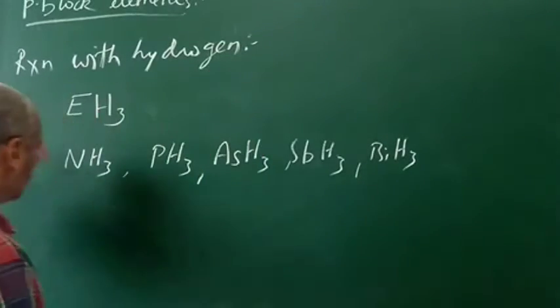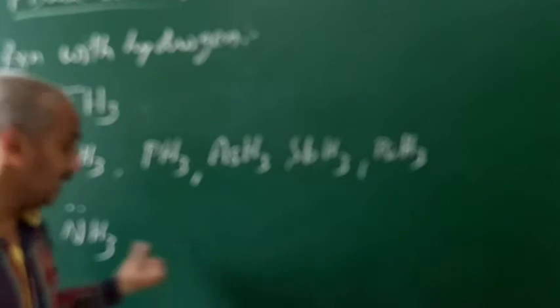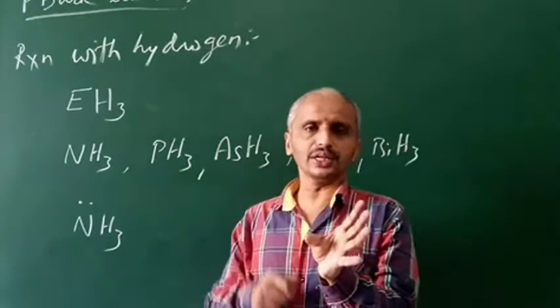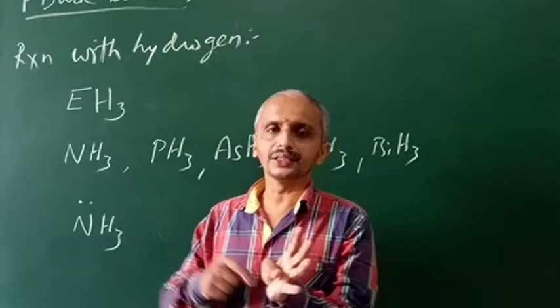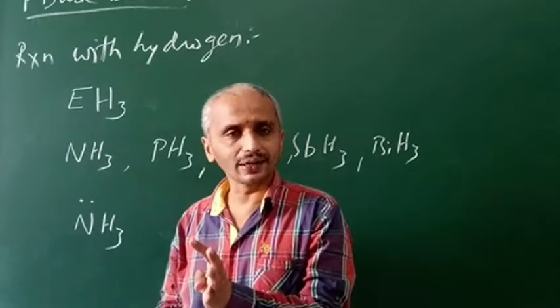And remember, when you go for nitrogen with hydrogen, there is a lone pair of electrons on the nitrogen. This hydride is an electron rich hydride. Ammonia is an example of an electron rich hydride. It is also an example of a covalently bonded hydride, a covalent hydride.